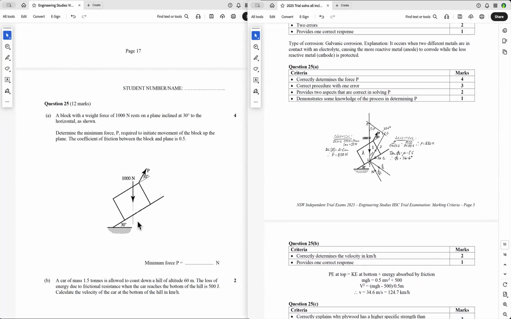So the first thing you do is to put all the forces on. So you put your normal force here, tell the examiner that that's always at 90 degrees. You project that force down there because we're going to try and get this as a three-force rule question. Then, using your set squares, you just draw that, put that force down here, parallel to it, and that will be P.